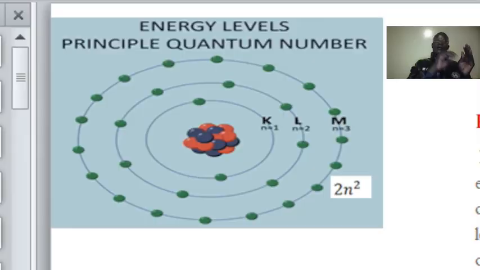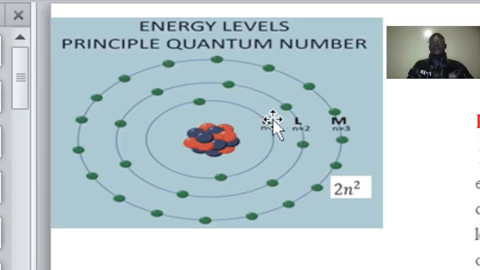The number of electrons that each principal quantum number can accommodate can be obtained using the formula 2n squared, where n is the principal quantum number.